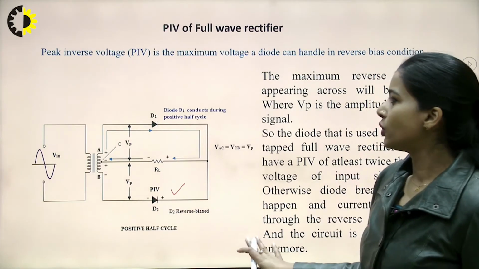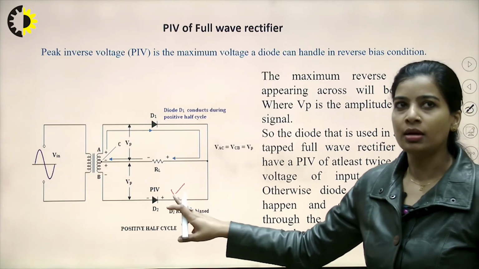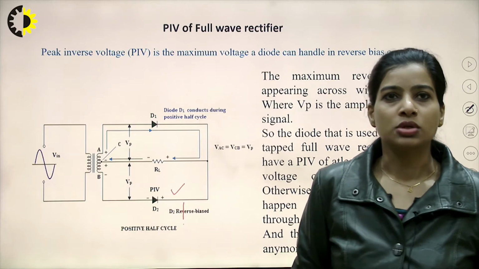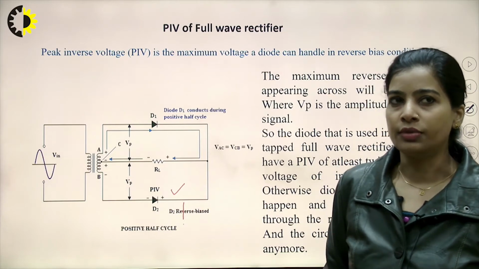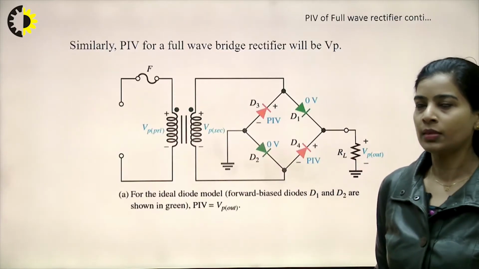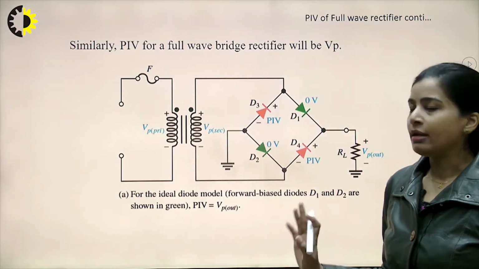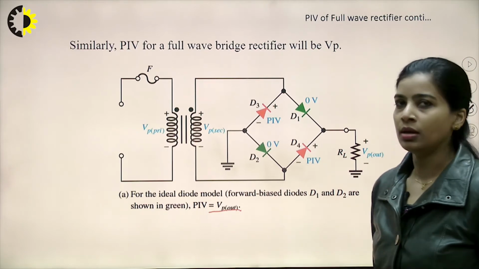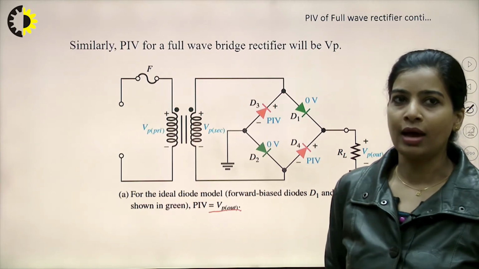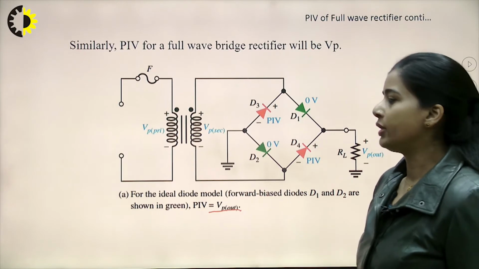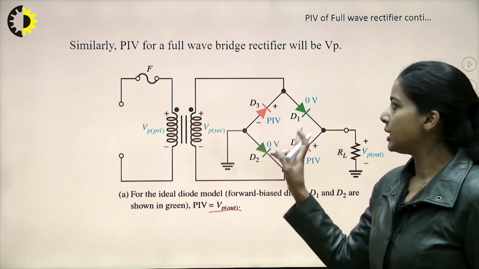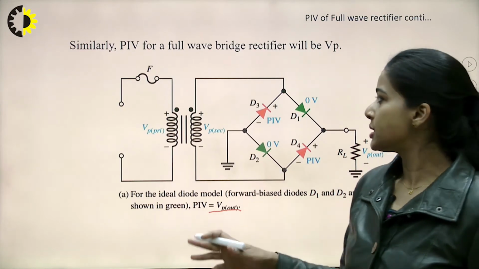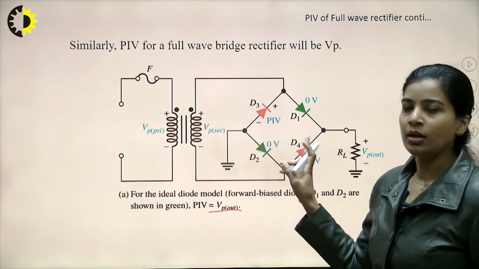So the peak inverse voltage for the center tap rectifier is 2 times the peak amplitude of the input signal. PIV for the bridge rectifier is Vp, that is the maximum peak value of the output, or we can say input, because here we have considered the diode to be ideal, and as the diodes are ideal, there will be no drop.